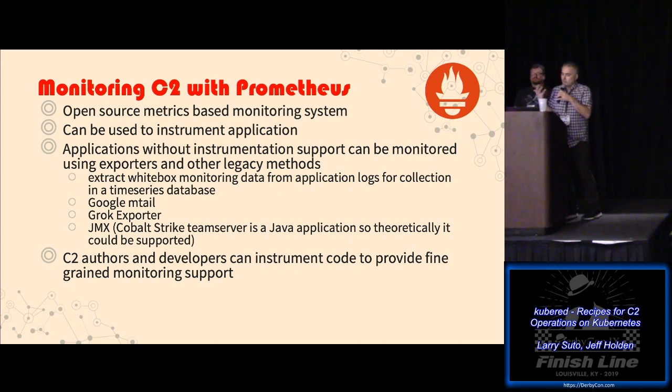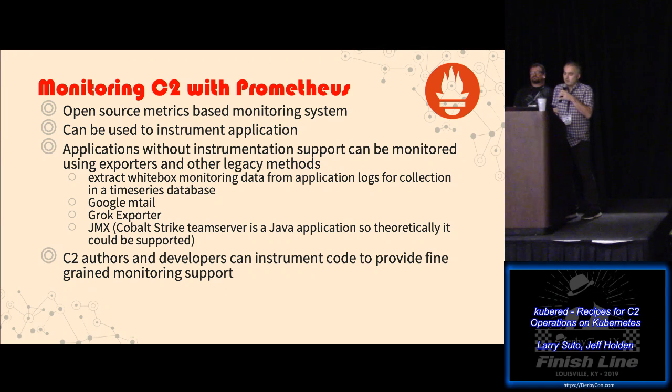So we're basically writing a Grok exporter for the team server. Now, if you have your own C2 that you're writing, or there's another C2 author, they can instrument their code with Prometheus such that it's automatically supported.